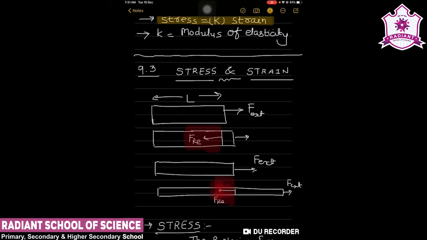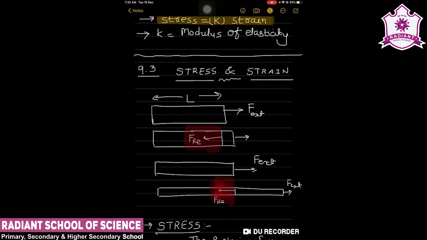When we apply some external force, whatever deformation occurs is very small, not easily visible, but it is always there.